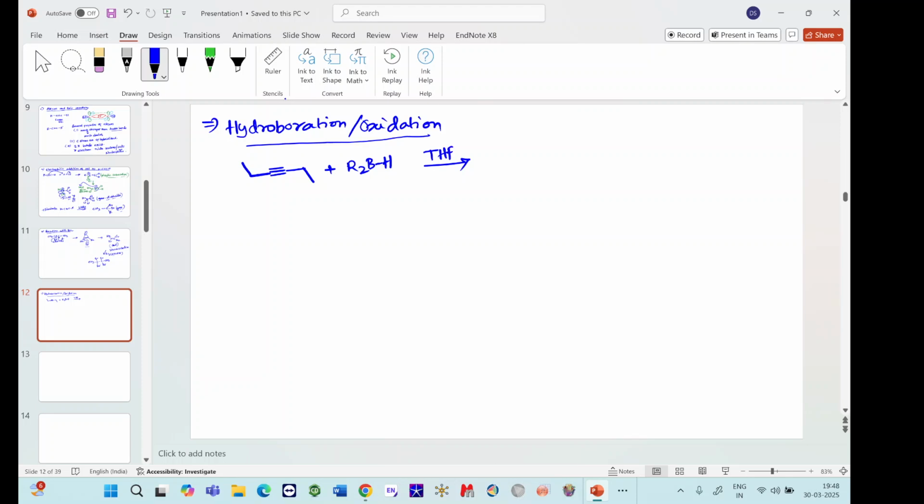What will happen? You will get this compound. So now this steric factor is important.